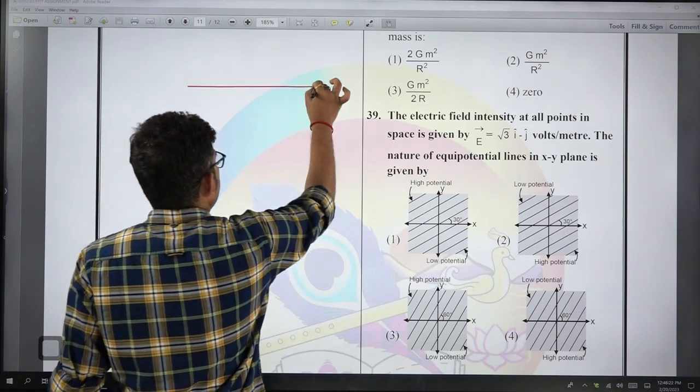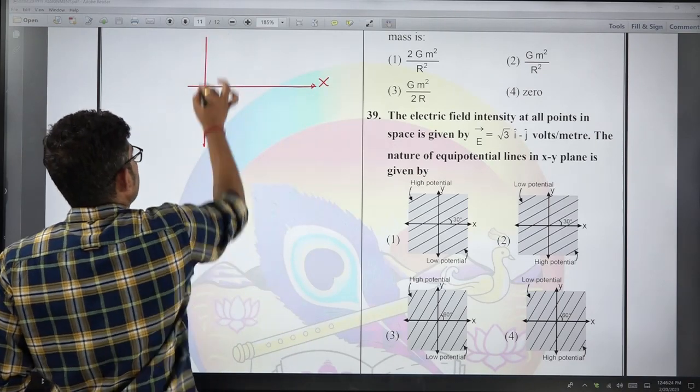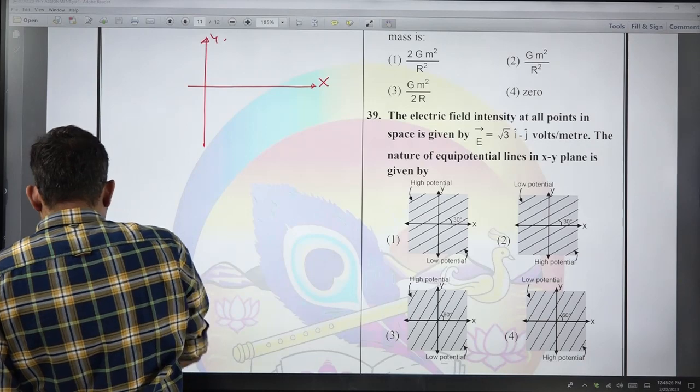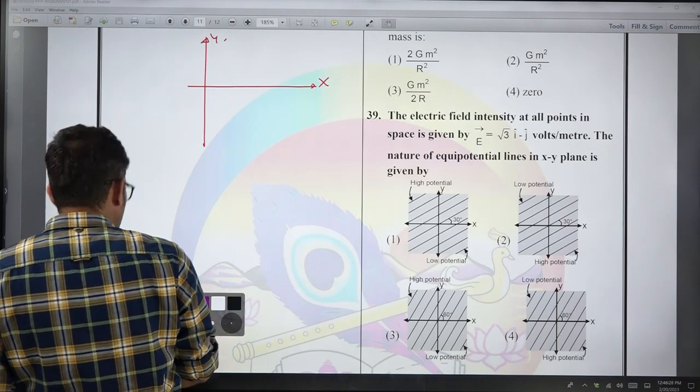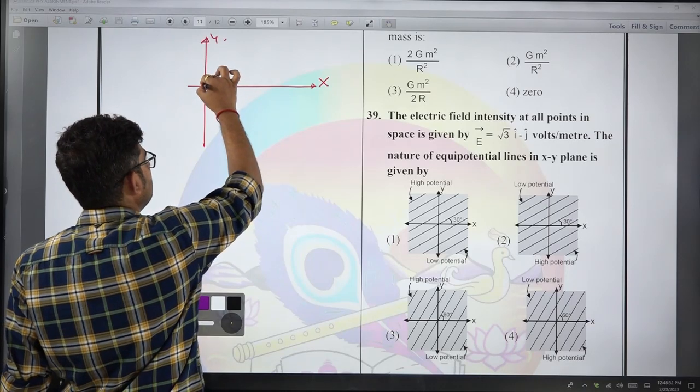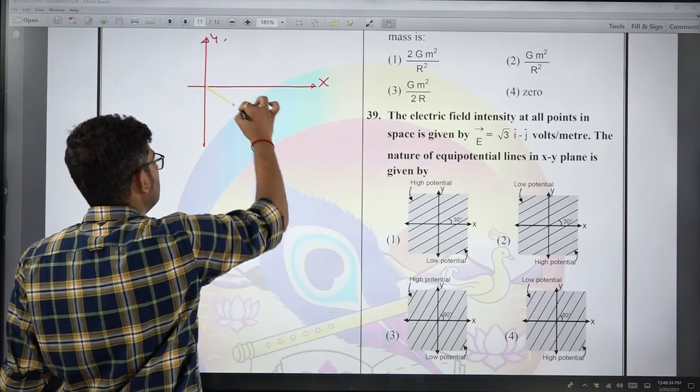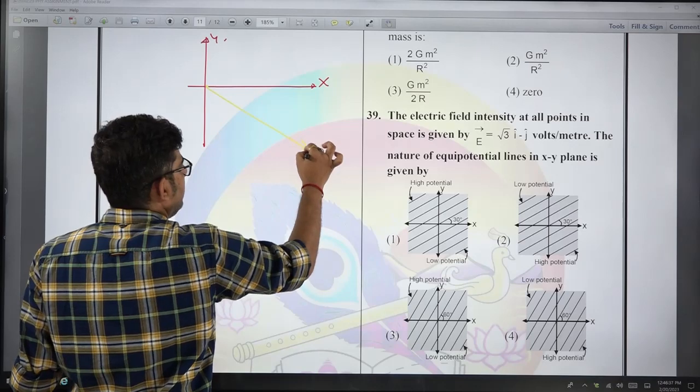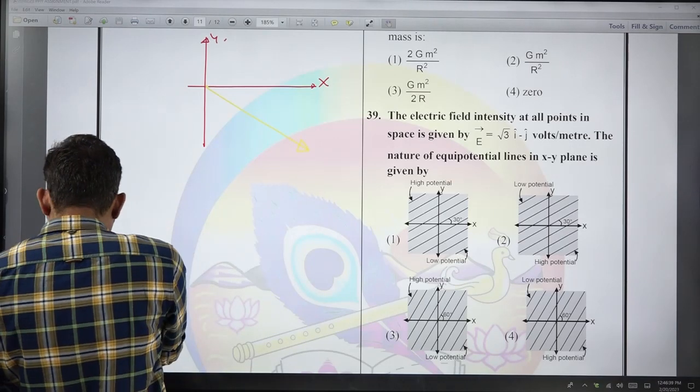So if I take this as x axis and this as y axis, how will the field lines look? x positive, y negative, means this is the field line, E vector.